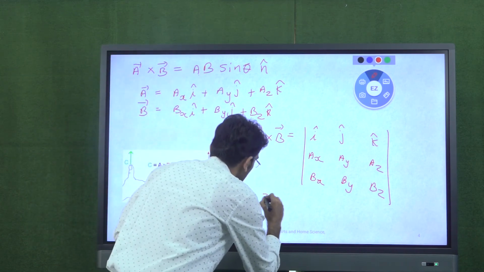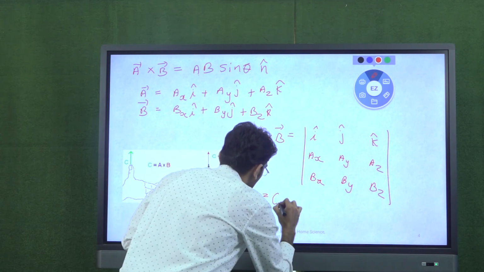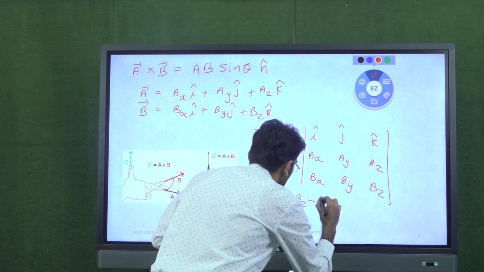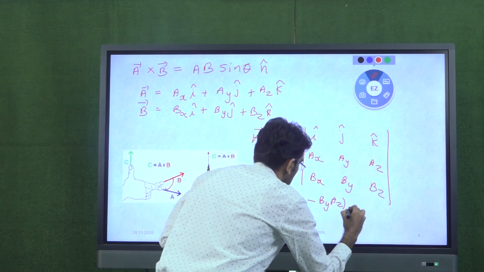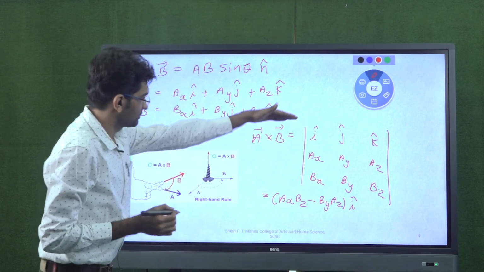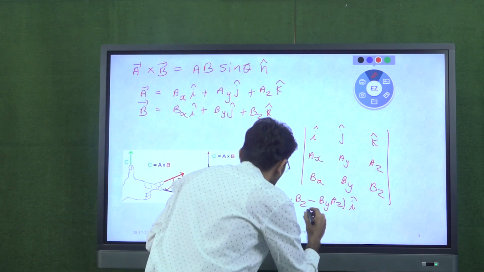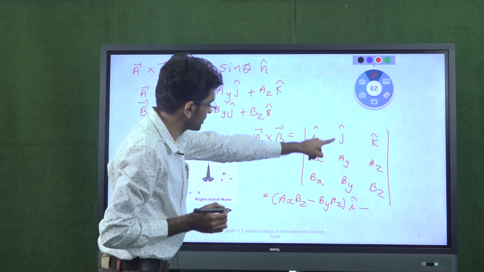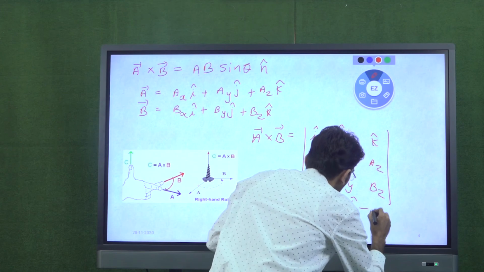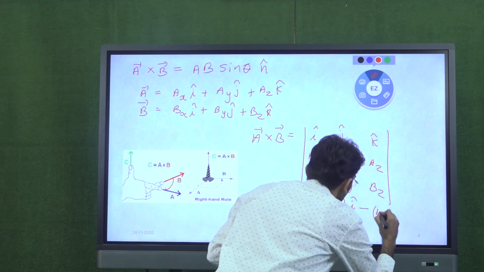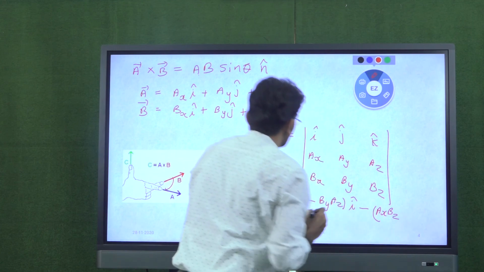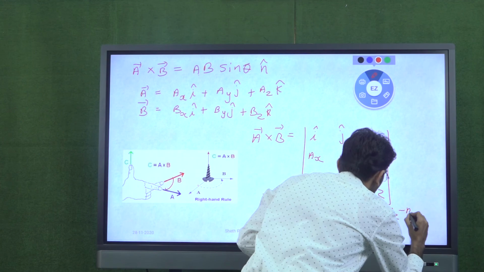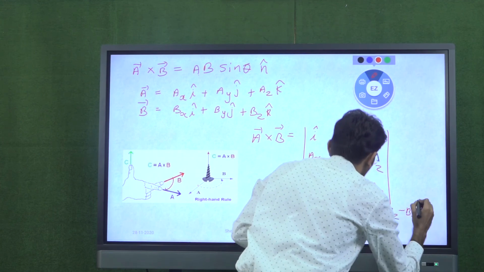So your answer will be (Ay Bz minus By Az) i cap. What will be the second term? Here I have to keep a minus because this is j: minus (Ax Bz minus Bx Az) j cap.